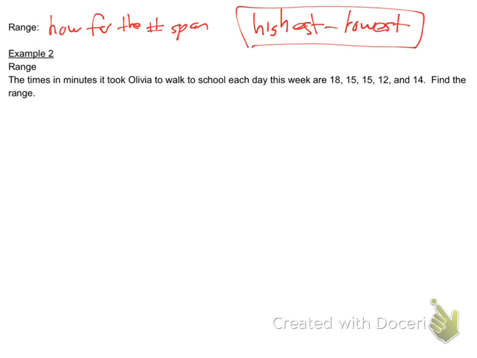That might help us because, guys, more than likely, I'm not going to just ask you for the range. I'm going to ask you for all 4 pieces, right? So I would definitely put it in order. So 12 is taken care of. Then it goes to 14. And then there's two 15s and an 18. I've covered them all. I underlined them all. I know I did this fine.